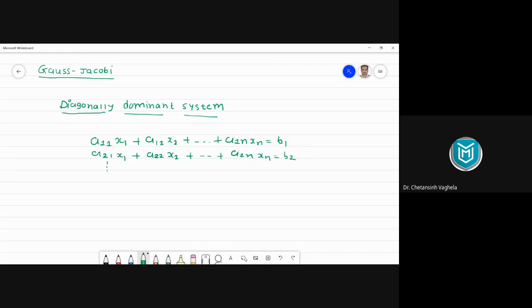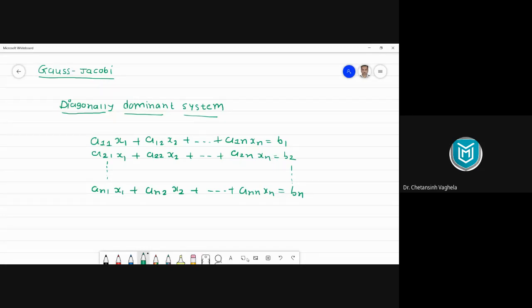Similarly, third equation, fourth equation, up to the nth equation: An1 x1 plus An2 x2 plus up to Ann xn is equal to Bn, right? So this is a general system of linear equations with n equations and n variables.